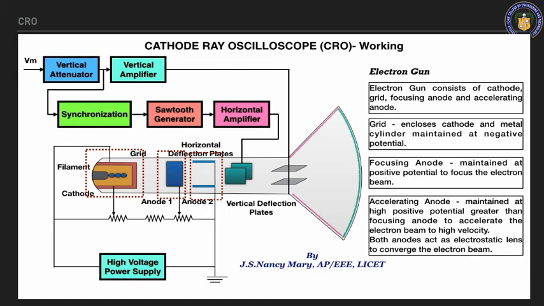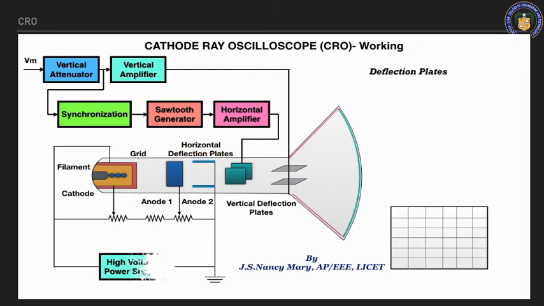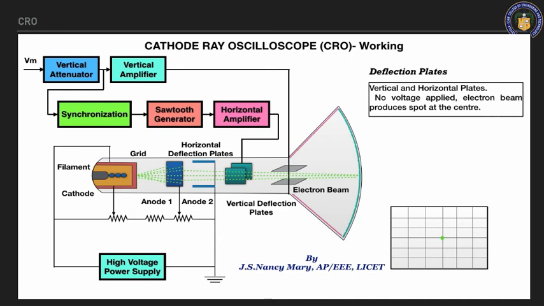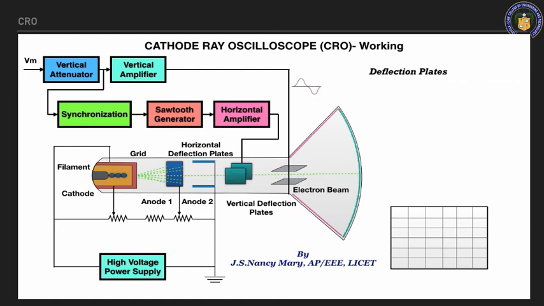Then we move on to the deflection plates. You know that the power supply is given. What happens with the deflection plates is that when no input is given, you will get a dot like this. I've given a screen-like structure below to show you the waveform. So when no voltage is applied, a dot is shown. The dot is the green color I have shown you here. Now, let us consider I'm going to give a supply.